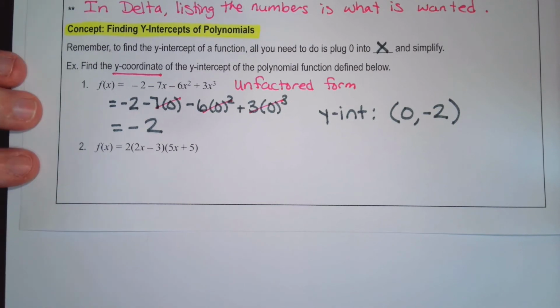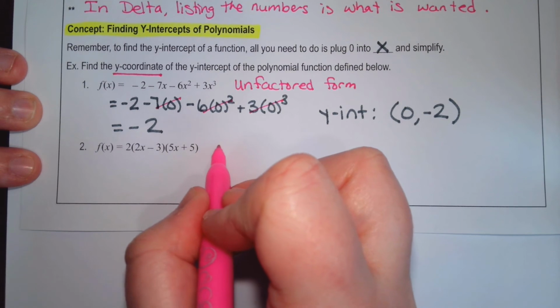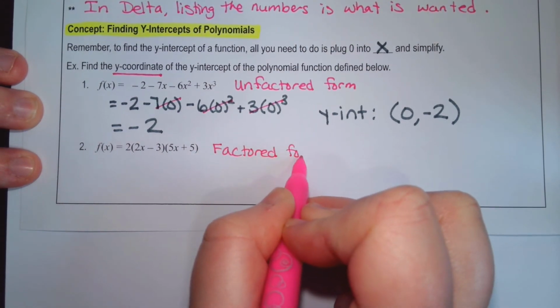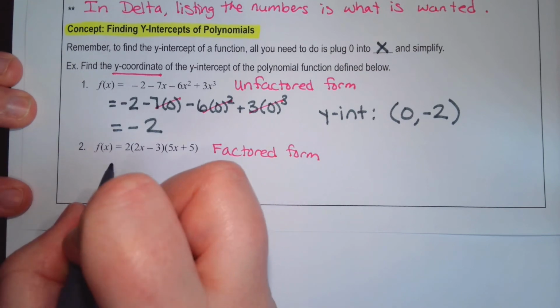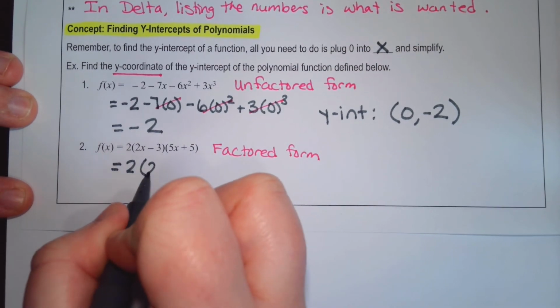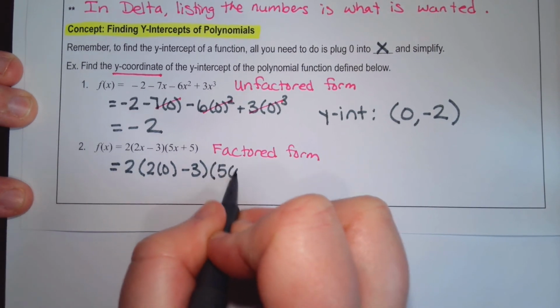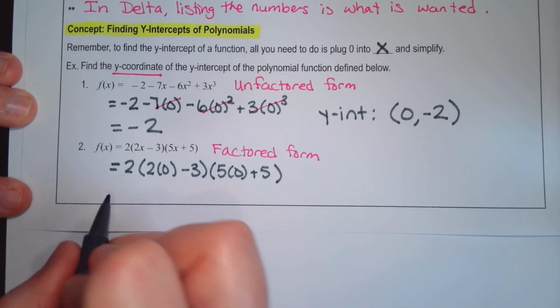All right, our next one. This polynomial looks different. This is what we call factored form. But even though it looks different, it's the same concept. We're going to plug 0 into x and simplify.